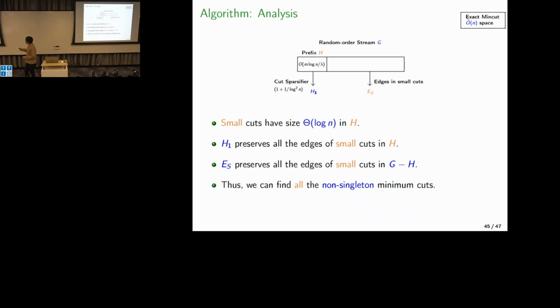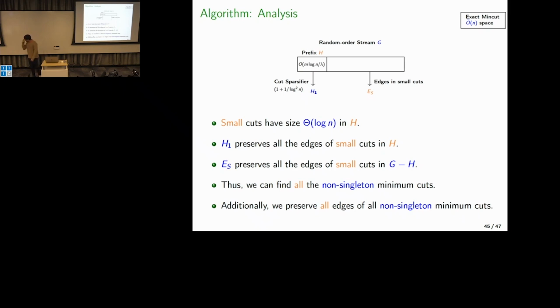And so we can find all non-singleton minimum cuts, right? Because their edges are exactly preserved by H1 in the prefix and preserved explicitly by ES in the suffix. Good. And yeah, so we can find all the non-singleton min cuts, and we can also additionally preserve all the edges. So this gives us the final O tilde of n space algorithm for exact min cut.